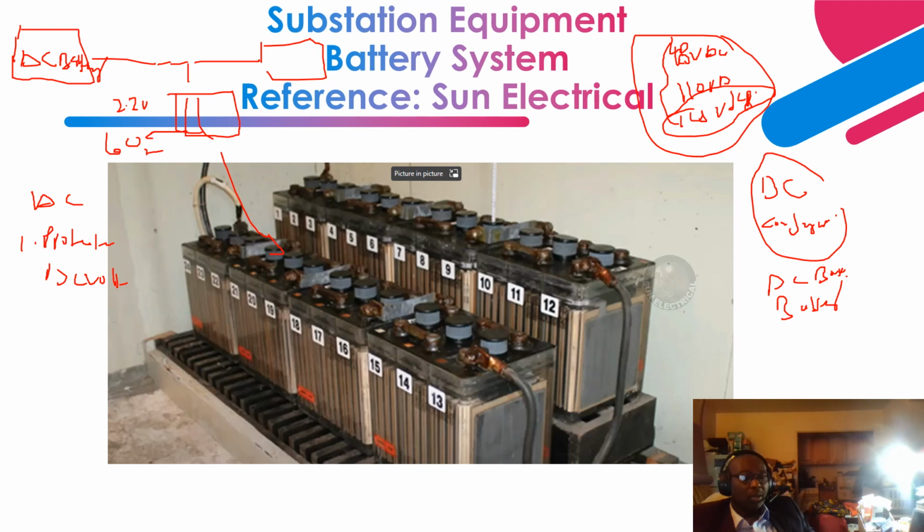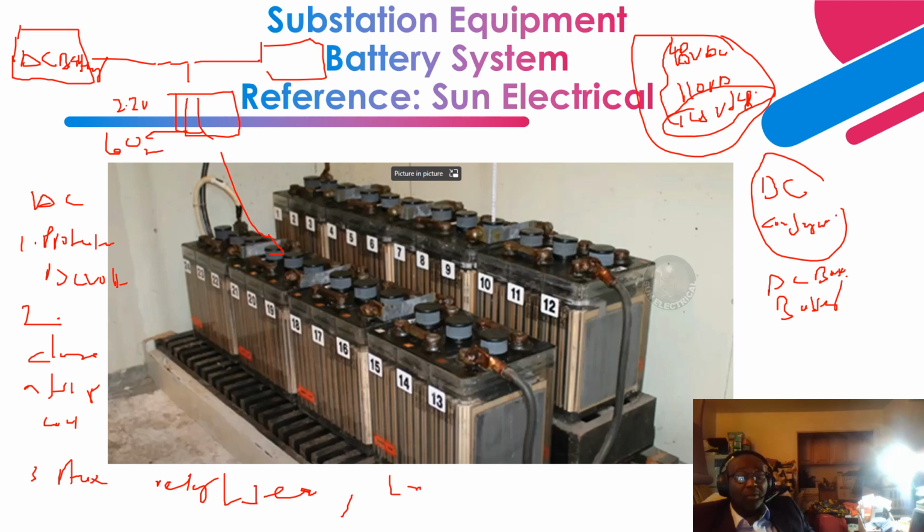Next is your close and trip coil for the breaker. Your circuit breakers require DC voltage to operate, so that is what you choose to specify for the breaker. Next is your auxiliary circuit. If you have an auxiliary relay, a sealing relay, that requires a DC voltage, then the source basically comes from here.